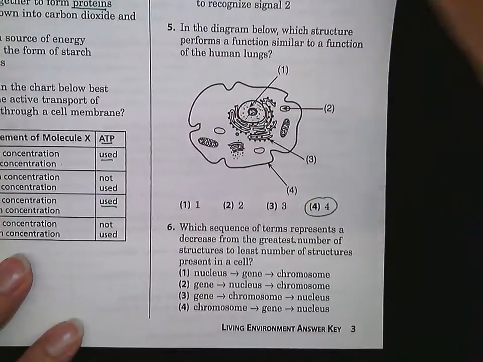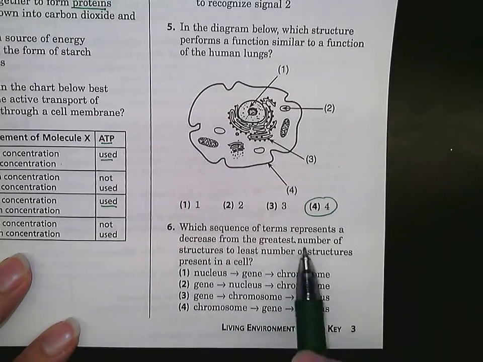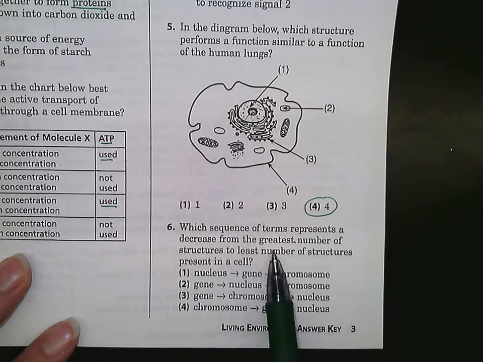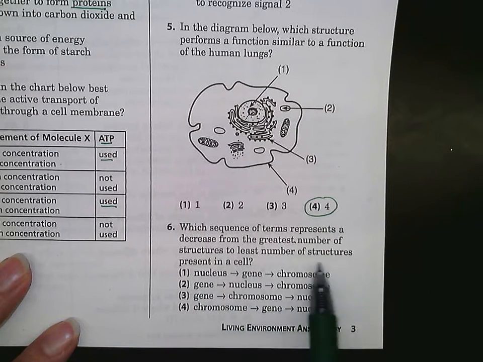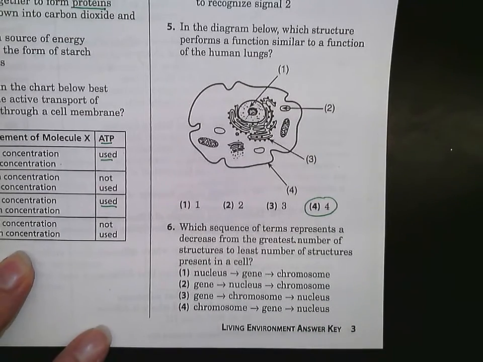And last question on this page, we've got which sequence of terms represents a decrease from the greatest number of structures to the least number of structures present in a cell. So we're going from most to least. If you look at all these words here, we know that in any cell there's only going to be one nucleus.